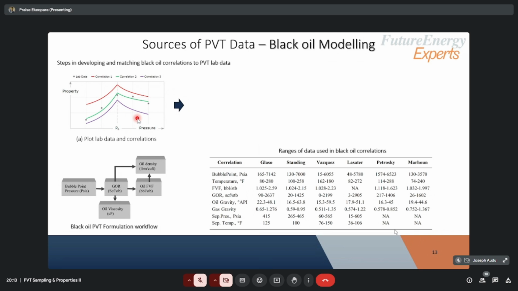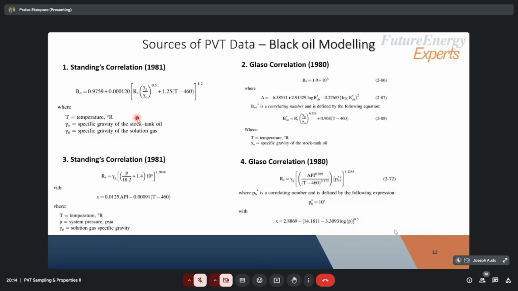And why do we do this matching? Why we are doing this matching is because of a problem. And what's that problem? The problem of globalization. So the correlations that we discussed, all these correlations you are seeing here, were done in non-Niger Delta areas. We are within the Niger Delta region.